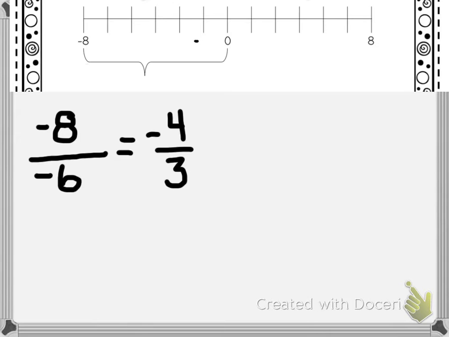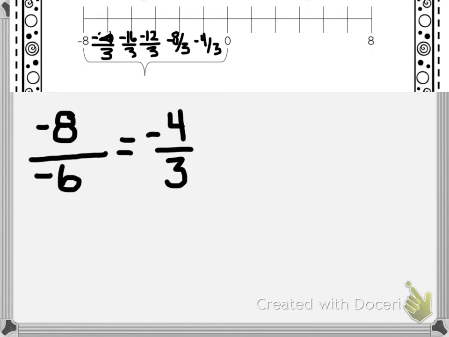So I have -4/3, -8/3, -12/3, -16/3, -20/3, and then -8 is the same as -24/3.